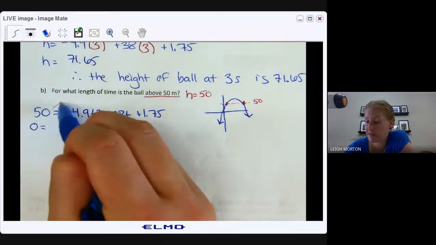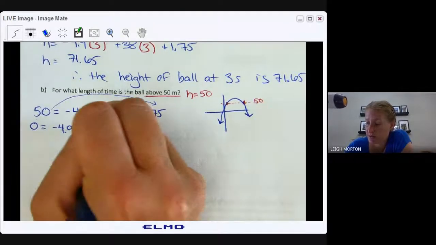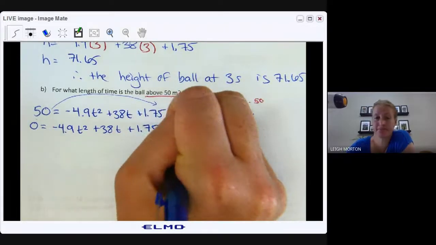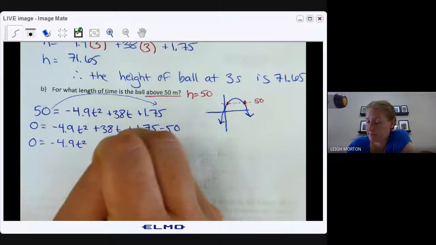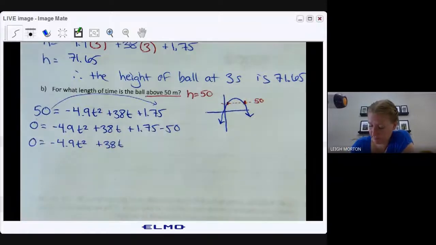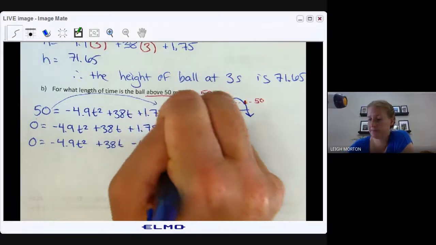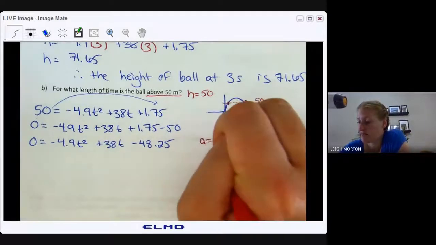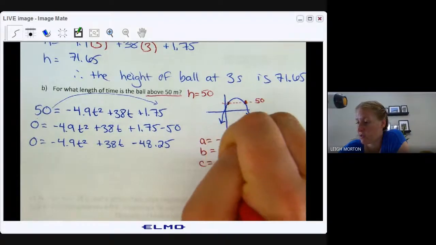So I'm going to bring this 50 over to the other side: negative 4.9t squared plus 38t plus 1.75 minus 50. And I can simplify that to negative 48.25. I see that my a value is negative 4.9, my b value is 38, and my c value is negative 48.25.